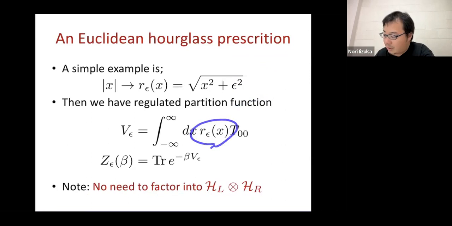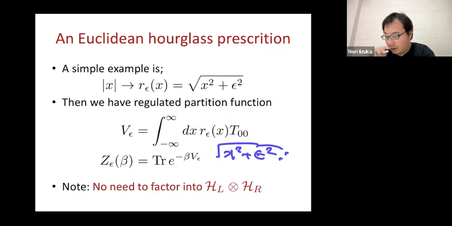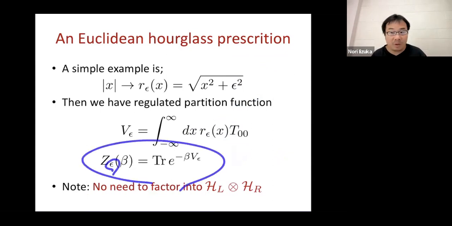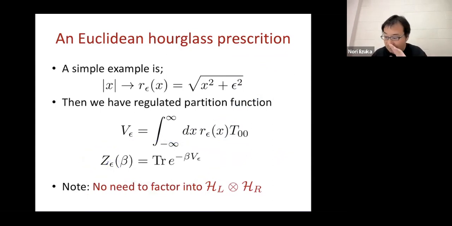So R epsilon, what is this? In the simplest example, which I show here, you can do other regulations. As x goes to the large x region, it approaches a value, and as x goes to 0, you have some non-zero quantity, and that's okay. I'll just tell you the scenario I'm going for. You calculate this quantity, introducing epsilon. It depends on how you regulate the x equals 0 region, so this quantity is different.